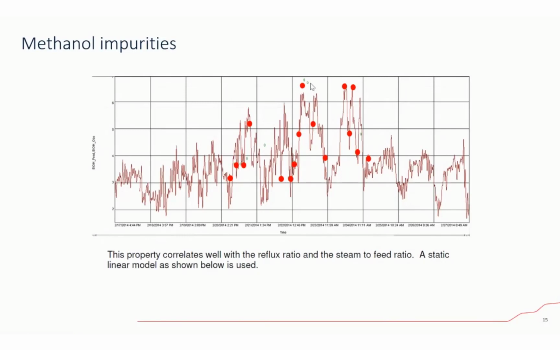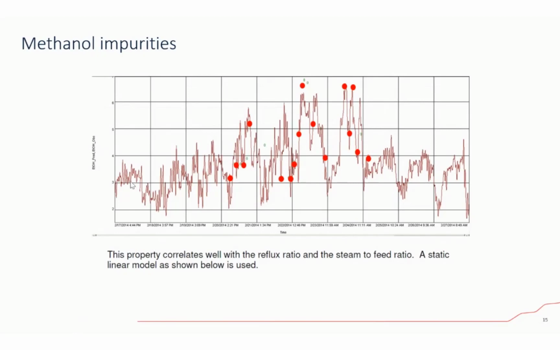Well, 10 ppm is the actual requirement from the client, so you will never try to get exactly 10 ppm because it's just too close. But you could go to 7 ppm, you could go to 8 ppm. What you see here is that on average, the way the column was operated was that almost always the amount of impurities in the top was around 2 to 3 ppm. Meaning it was a bit exaggerated.